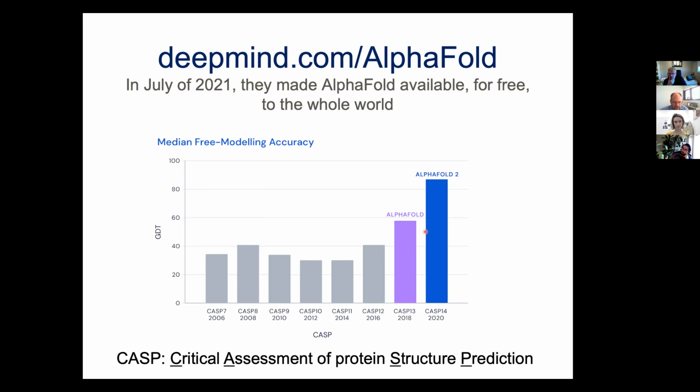And in artificial intelligence, people now have what they call neural networks and all kinds of other computational tools. And what they actually did is that they looked at the 170,000 protein structures that were deposited in the PDB, and they used that to train this program to actually learn how to determine protein folds from only the sequence.